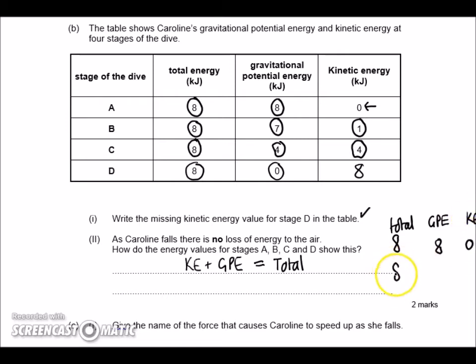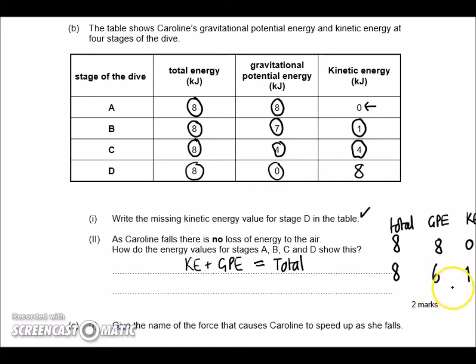Okay, and then at stage B, we would have gravitational potential energy, maybe that would be 6, kinetic energy would be 1, and then we would have perhaps heat energy, thermal energy, would also be 1 as she's moving through the air, and as there's friction happening between her and the particles, we would expect to see that.